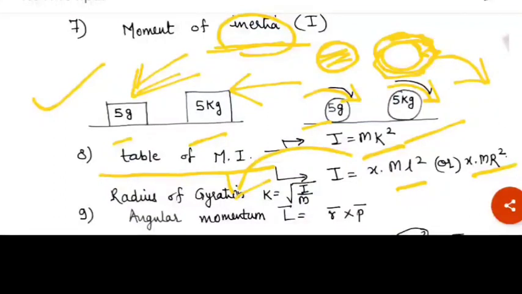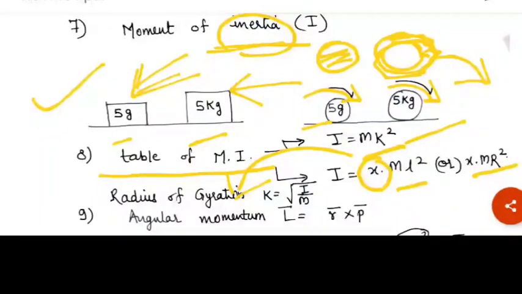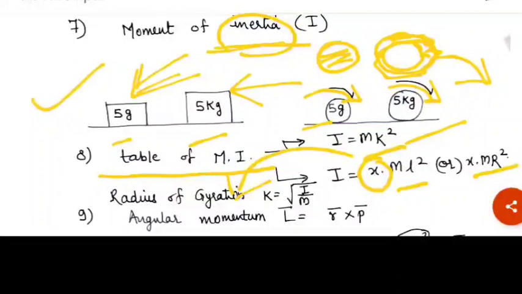For example, when the axis of rotation in a rod passes through the center, then this x will be 1 by 12. But when the axis of rotation is passing through one end, then this formula will be I equals ML square by 3. So the value of x will be 1 by 3.